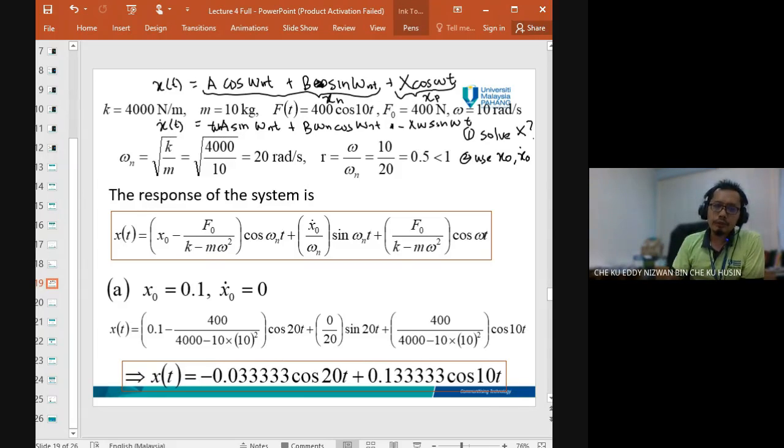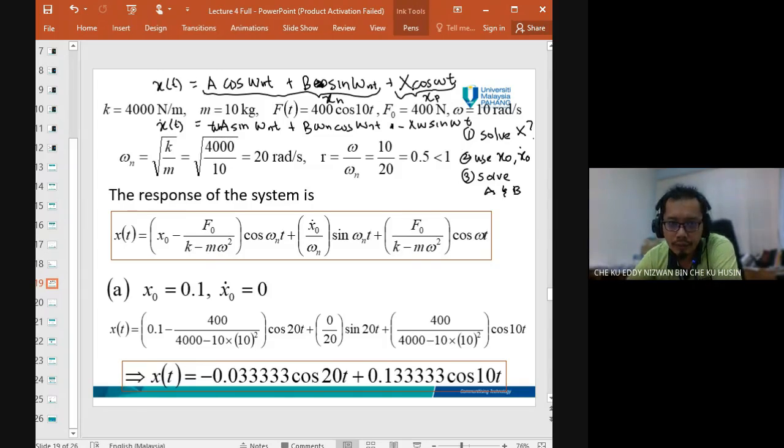Based on these two equations, you insert all the values when t equals 0, and then you get these equations. You will have two equations with two unknowns, A and B. Then, third, you solve for A and B.